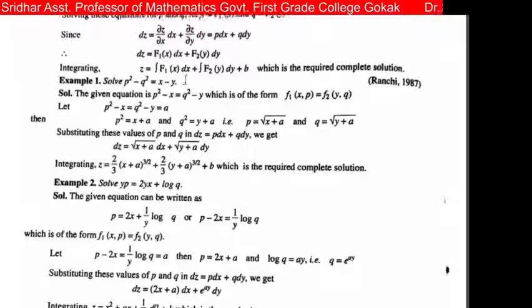The equation contains p, x and q, y. So bring this x nearer to p, and bring this q to the other side, so that p and x appear on one side, and q and y appear on the other side.